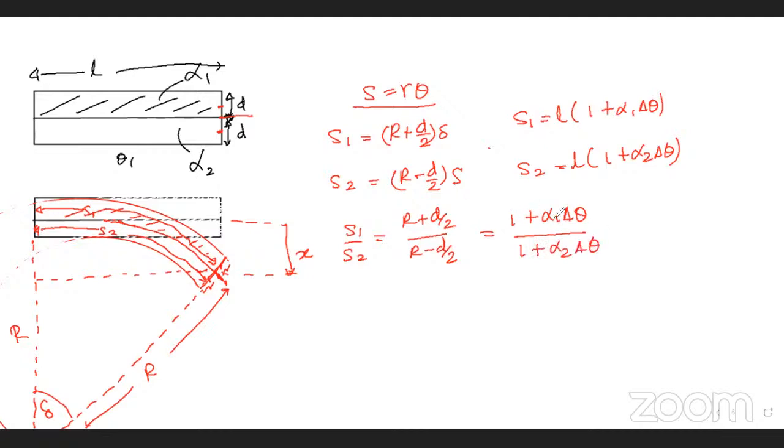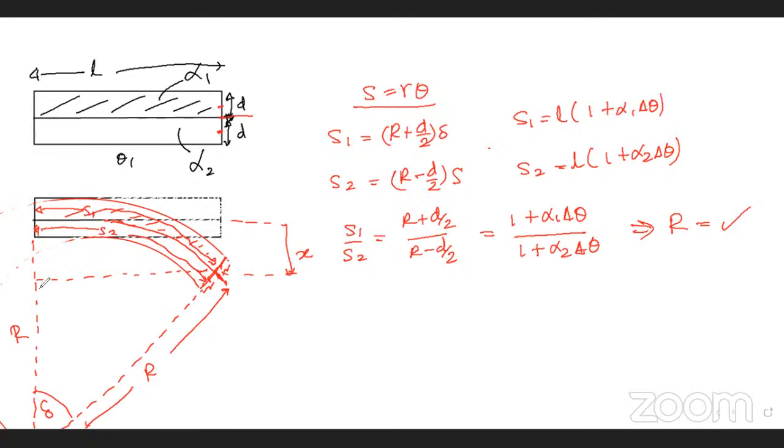So using this equation, I'm not going to calculate, you can calculate the R. If the values are given, you can find the R by cross multiplying and simplifying.